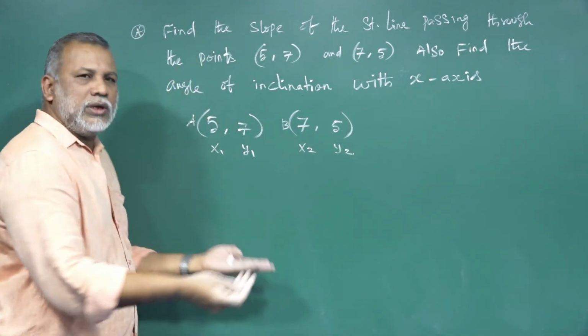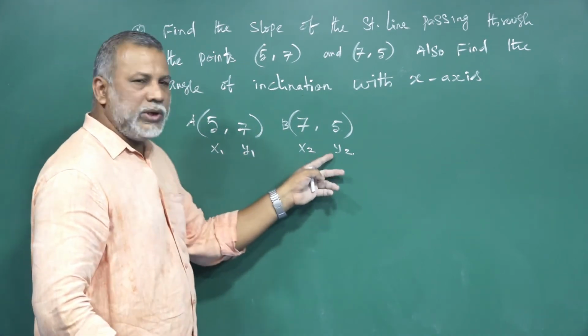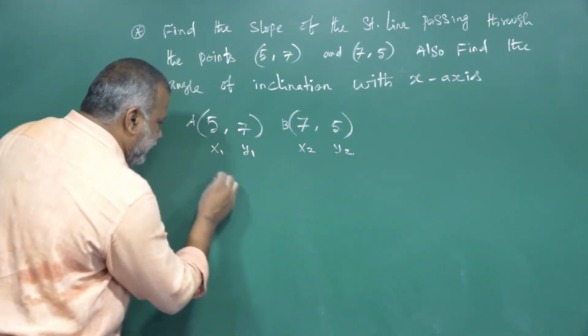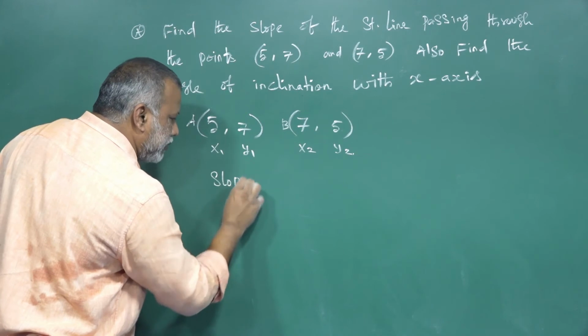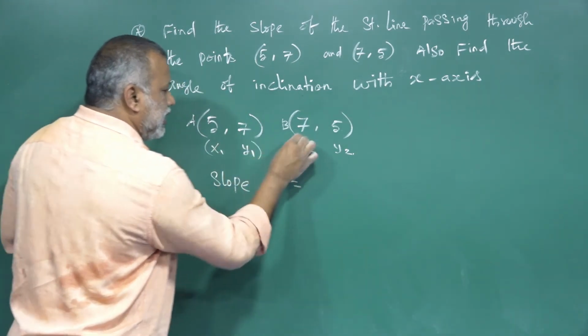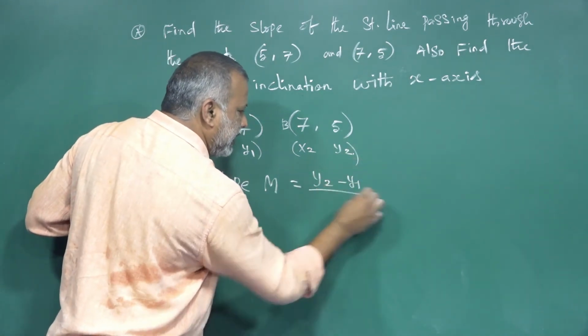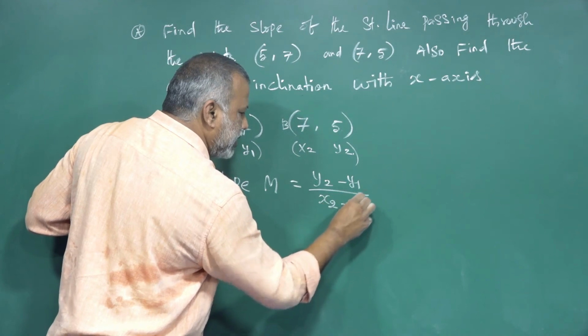Just now we worked out all the diagrammatic explanation. Therefore, slope m equal to, if you know the points x1, y1 and x2, y2, the formula is y2 minus y1 divided by x2 minus x1.